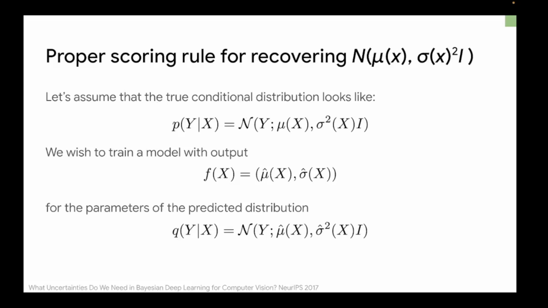Okay, what does it look like for Gaussian assumption on the y distribution? We assume that P of y given x is a Gaussian of y given mu of x and sigma squared of x times I. So we are assuming isotropic Gaussian here. If you like, you can also assume more degrees of freedom for the covariance matrix, but for the sake of simplicity, I would say this is isotropic, but variant with respect to x. I think that's already a lot of complexity here, so I'll just live with that.